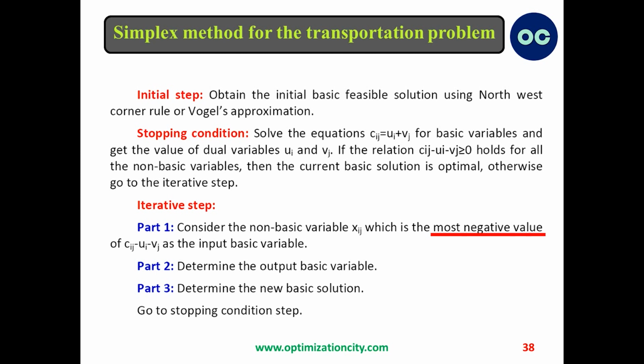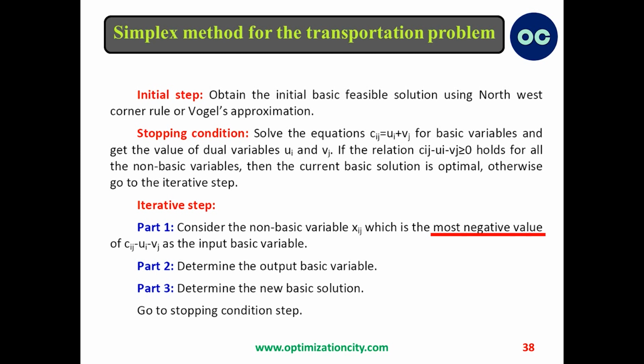Before we proceed with solving the example using the Simplex method for the transportation problem, let's continue with the formal explanation of the Simplex method for the transportation problem. In the initial step, we obtain the initial basic solution using either the northwest corner rule or the Vogel approximation method.